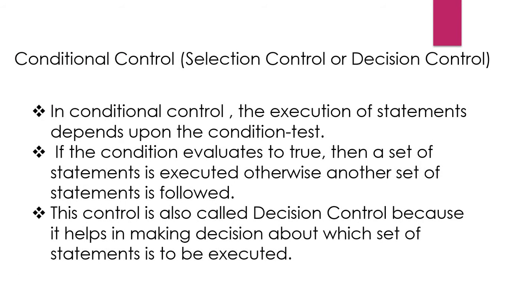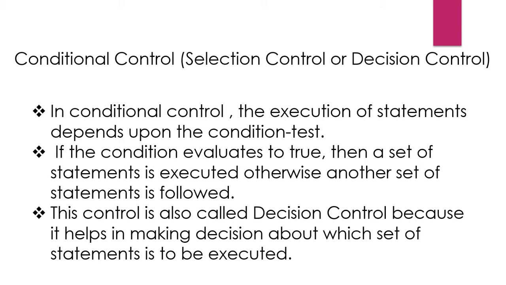Conditional control is also called selection control or decision control. In this, execution of statements depends upon a condition test. If the condition evaluates to true, then one set of statements is executed; otherwise another set of statements will follow.